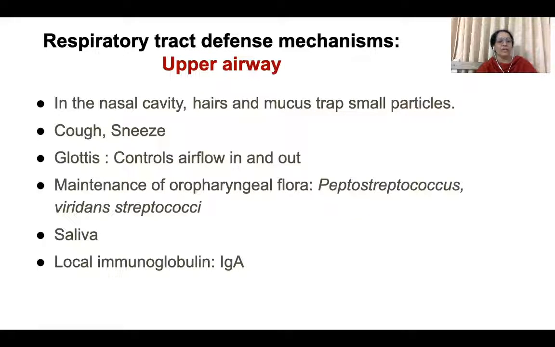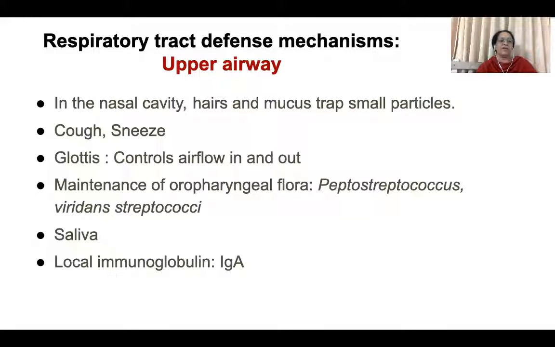Glottis controls airflow in and out. Maintenance of oropharyngeal flora plays important role in defense mechanism. This is normal commensals, normal microbiota of respiratory tract. In this, organisms like Peptostreptococcus viridans as well as the streptococci, they are included.